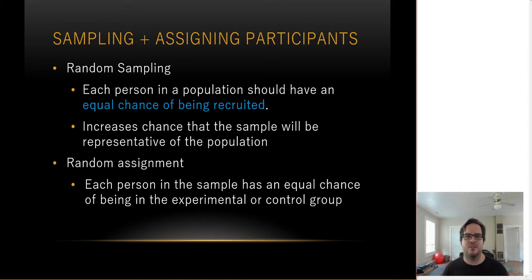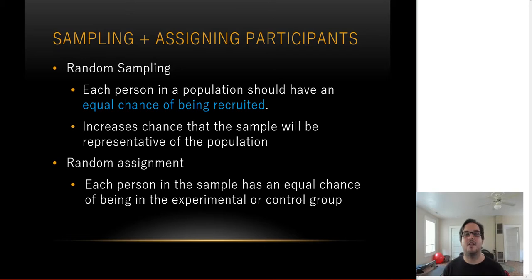Well, what's this going to do? If you don't randomly assign people, what might happen is, let's say you take the policy of whoever is recruited into the study first, they all go into the experimental group, and then the people who are recruited later, they go into the control group.